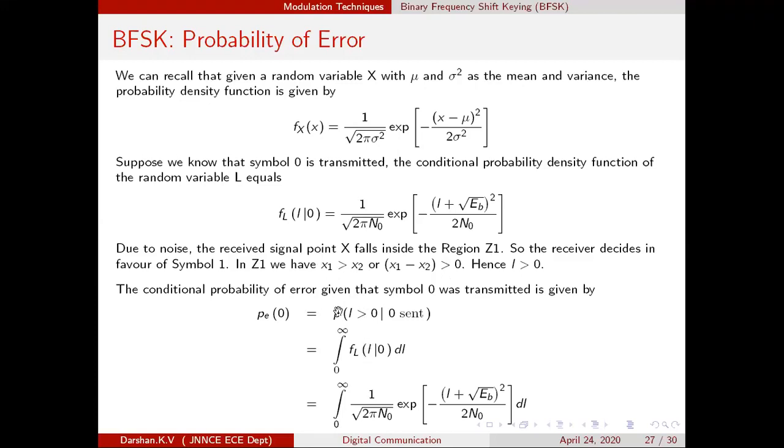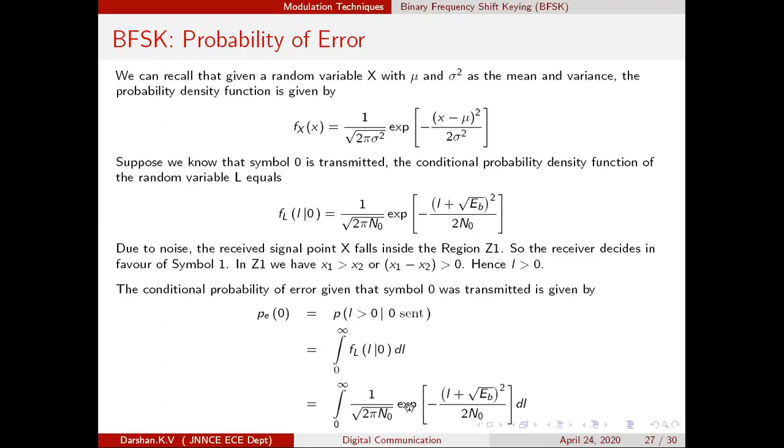Therefore, how do we evaluate this probability? It is evaluated by integrating the density of L given 0, for L greater than 0. So give the limits for L from 0 to infinity.